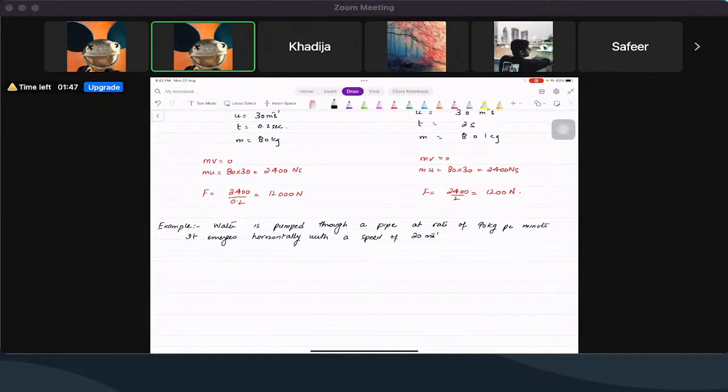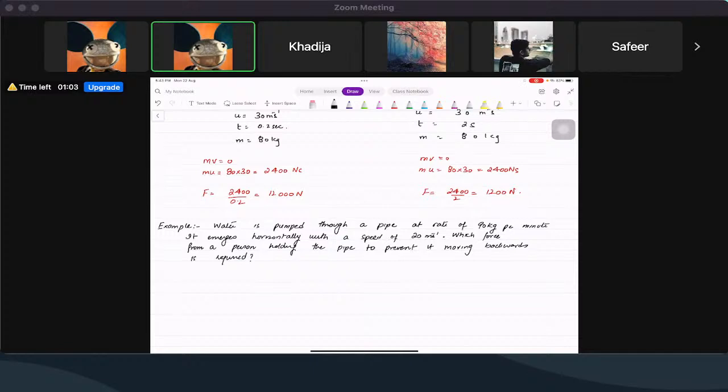Okay. So he says, what force from a person holding the pipe to prevent it moving backwards is required? So this is the question.